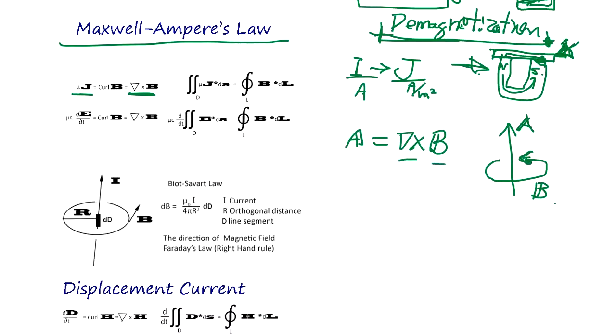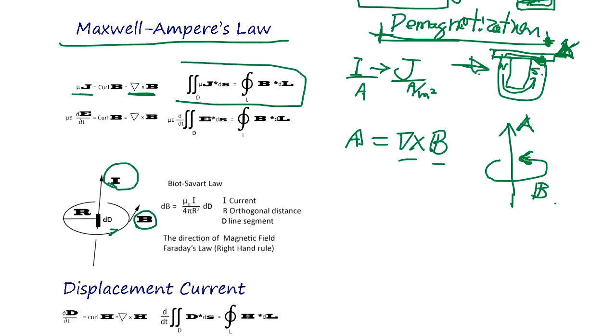Not the opposite. And the direction of curling follows the right-hand screw. So you have a current I, then B is generated in this direction, and that's the curl effect. So Maxwell's Ampere's law: Ampere originally found out that current generates the magnetic field, and Maxwell formulated it nicely using math. It's good to be good at math, right?